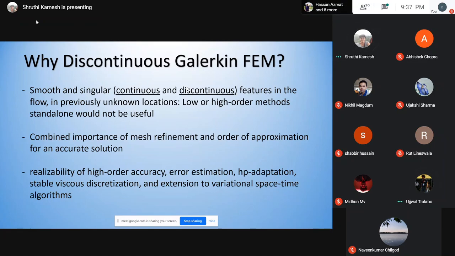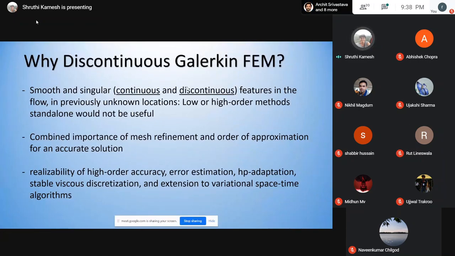Yeah, thank you. So coming back to DGFEM. To resolve discontinuities, to make sure that you don't have any surprises in the flow that you don't know of before, is one of the reasons you can use DGFEM. Another thing is that if you want to make a solution much more accurate, you want to know details of a particular flow, you can either try increasing the order of your numerical solver, or you keep the same order of the solver, because you don't want to spend more money or use a different algorithm.